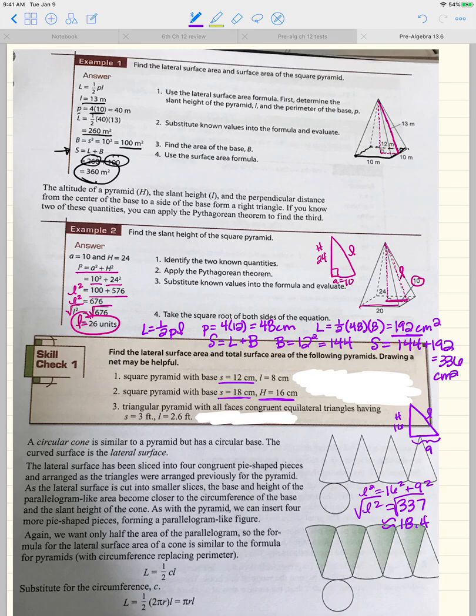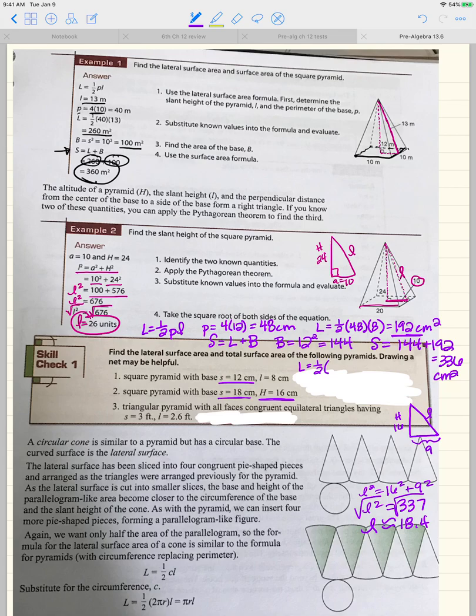Now I have my lowercase l, I can solve this entire problem because big L is equal to 1/2 times the perimeter times the slant height. L is equal to 18.4. So big L, lateral surface area, is 1/2 times the perimeter.